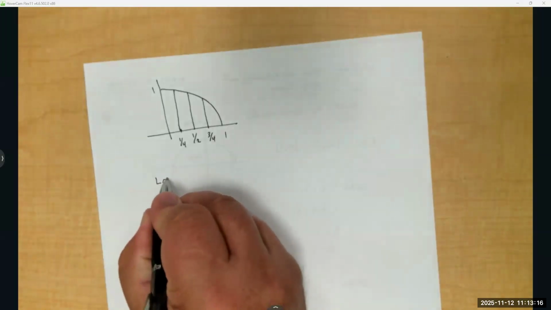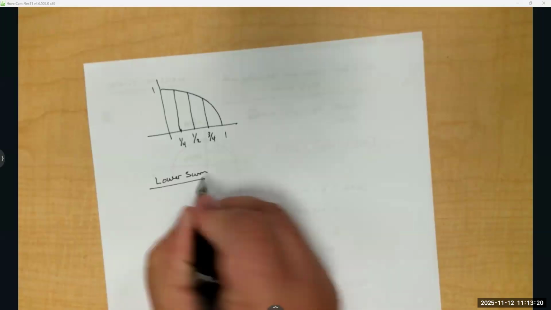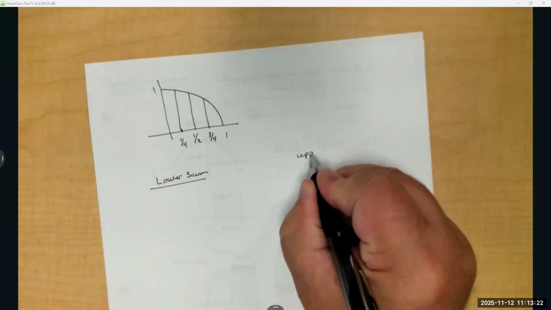So let's look at the lower sum and the upper sum.